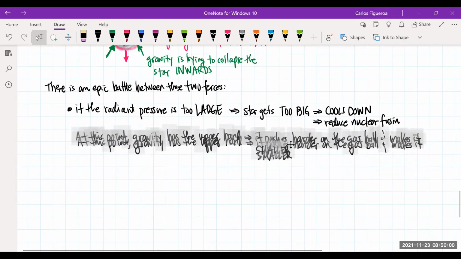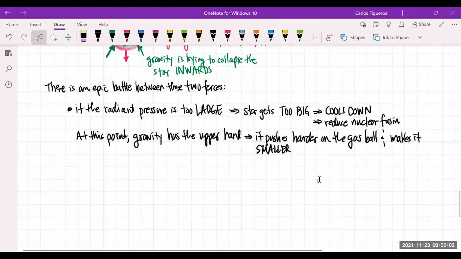So now all of a sudden, the star is smaller. Now the star is smaller.